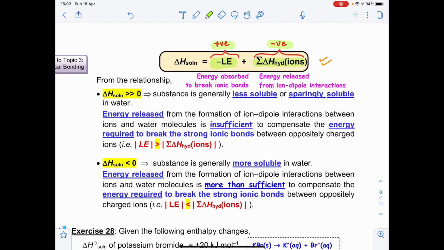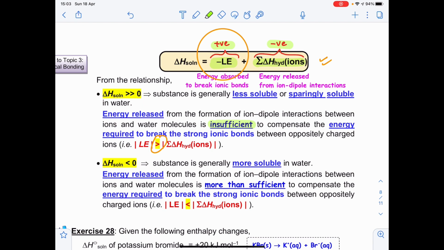So from the relationship, if the enthalpy change of solution is a very positive number, it's highly endothermic, which means the magnitude of lattice energy is much greater than the magnitude of enthalpy change of hydration of ions. This means that the energy released from the formation of ion-dipole interaction is insufficient to compensate the energy needed to break the strong ionic bonds.